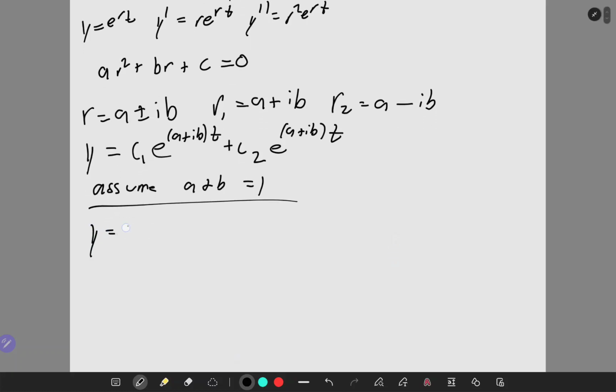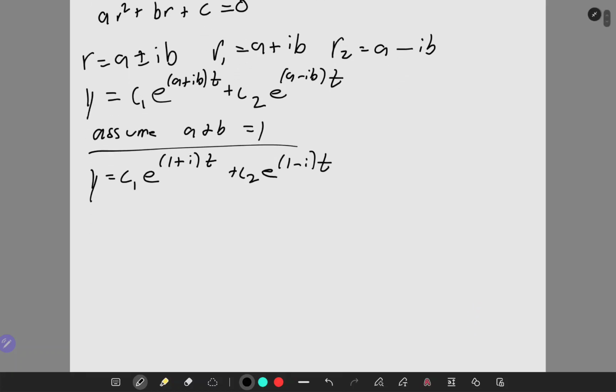So then we can rewrite this as c1 e to the 1 plus i times t plus c2 e to the 1, oh, this should be minus. So now you can see we have imaginary numbers left.